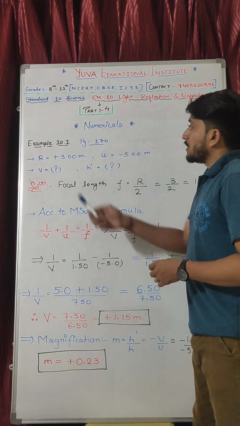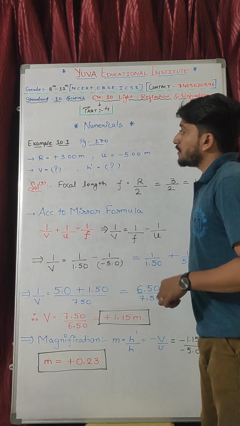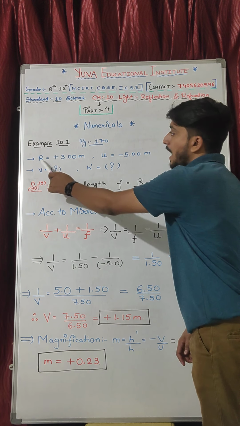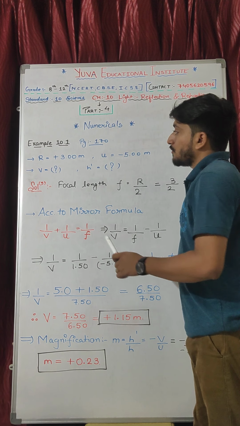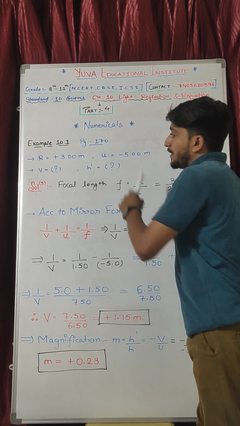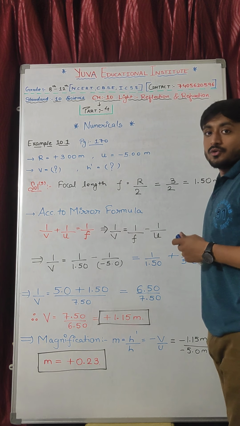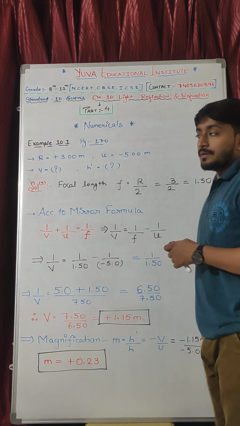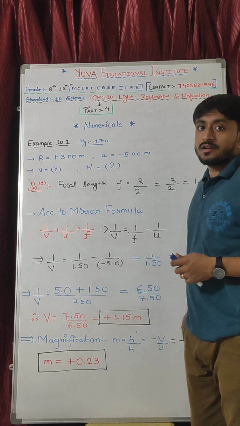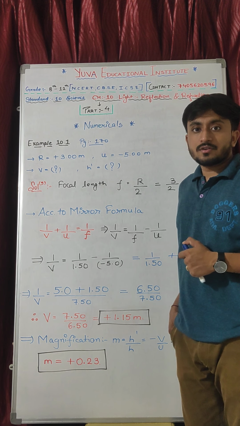Now students, in example 10.1 you have been given the value of R, that is radius of curvature, plus 3 meter. Then another value u is given. Now u is nothing but object distance, right?